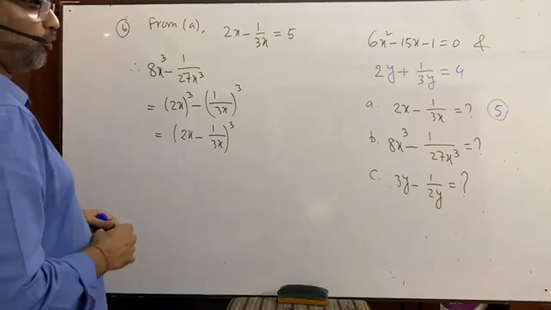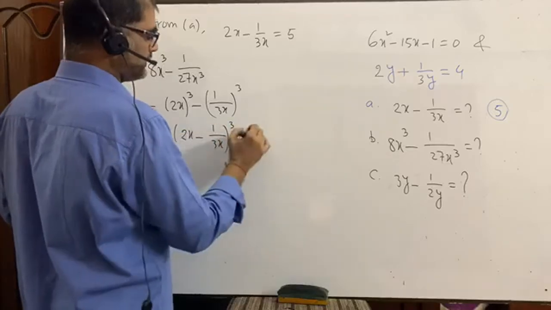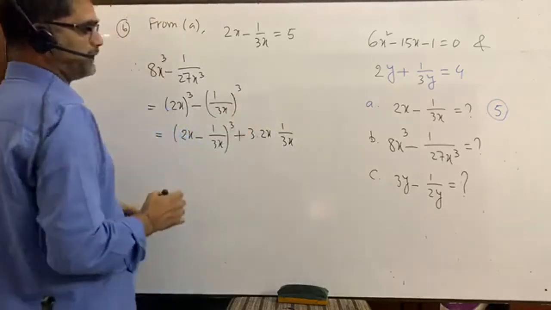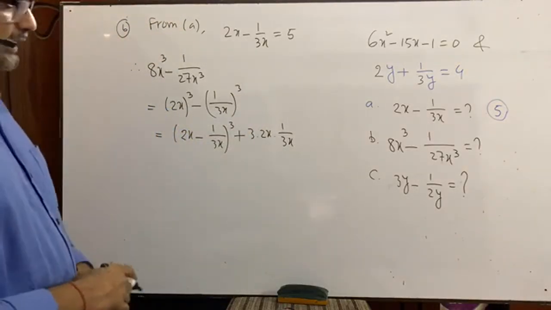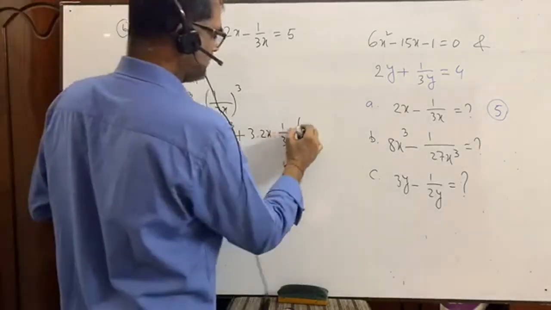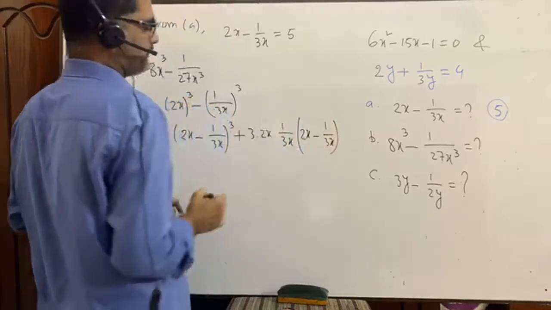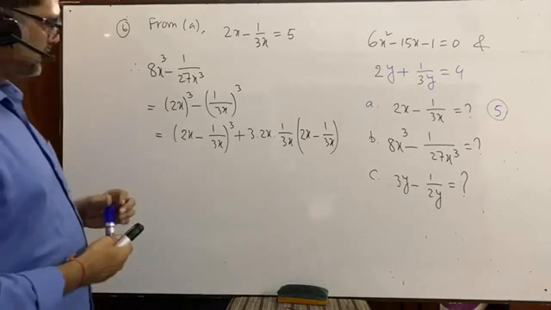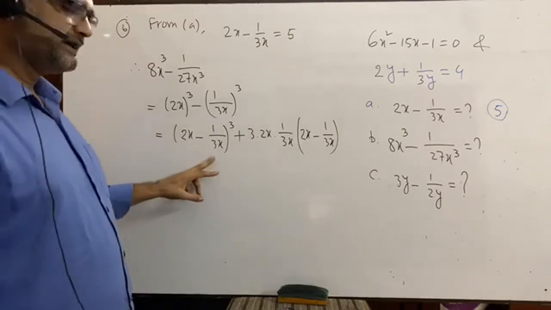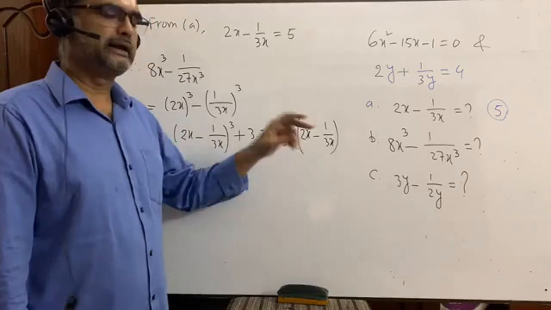Then what comes next? a minus b whole cube, then plus 3ab, then we have again a minus b. So I have written a cube minus b cube, its corollary is a minus b whole cube plus 3ab into a minus b.